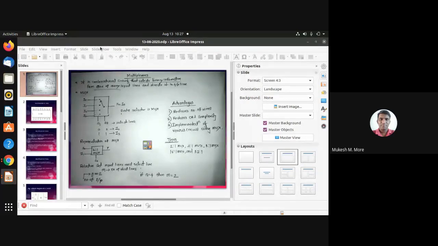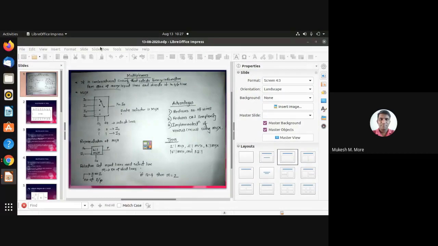In a counter, what happens if a person enters the entry point? The counter will be updated. Suppose the value is 100, then when one person enters that entry point, it will be 101.